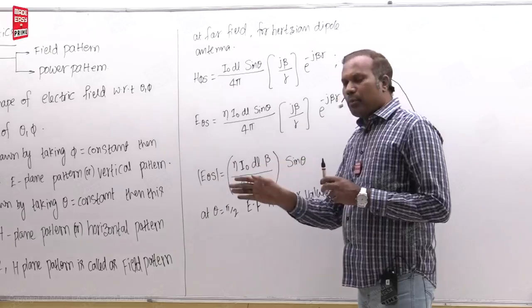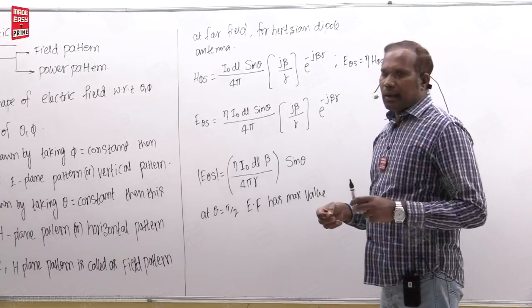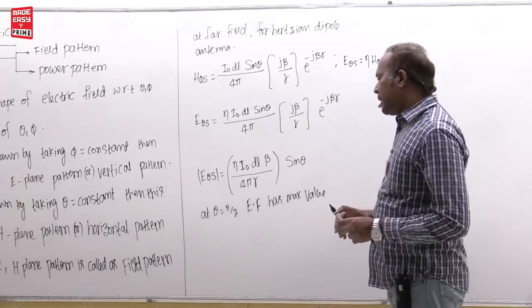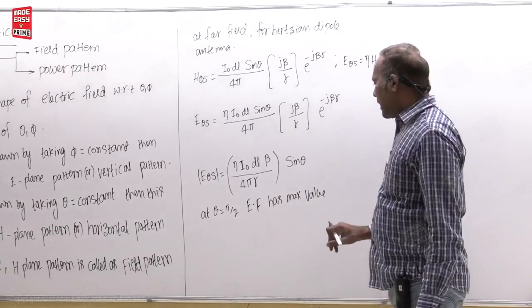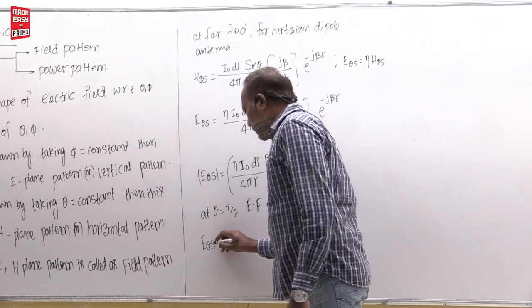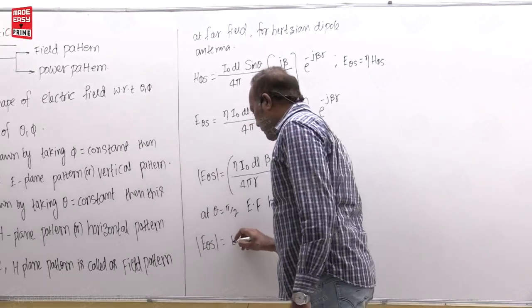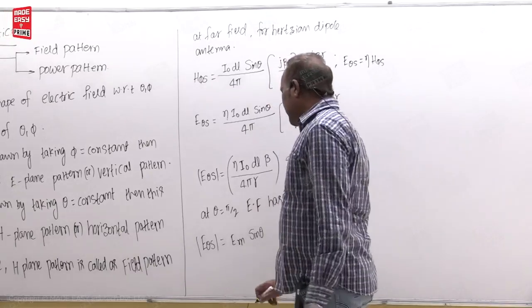In which direction it has more radiation means you have to see the radiation with respect to the angles. That is why angles are given importance. So at theta is equal to pi by 2, electric field has maximum value. That is why modulus of E theta is written as Em into sin theta, right?